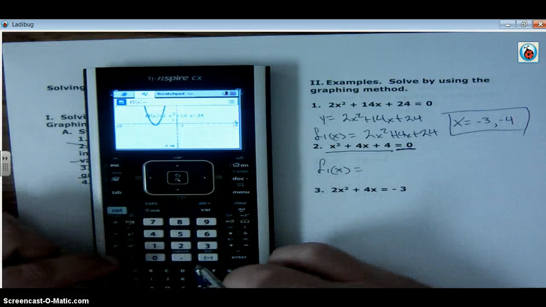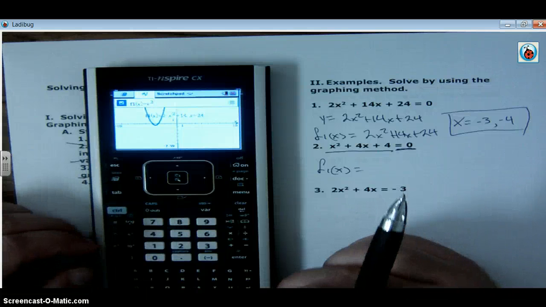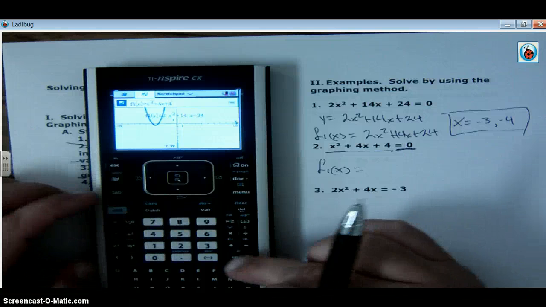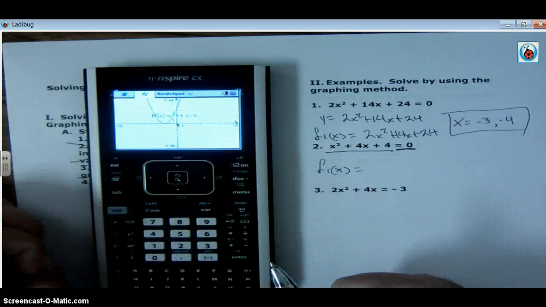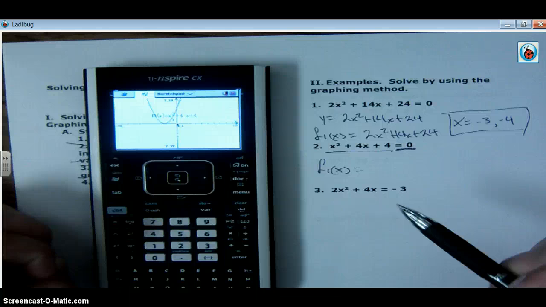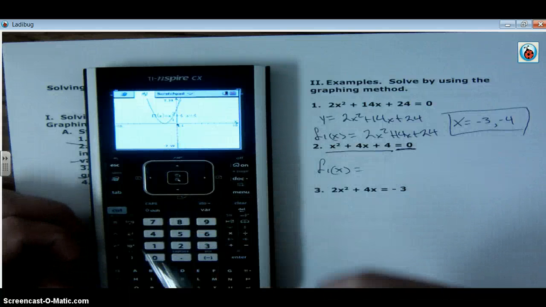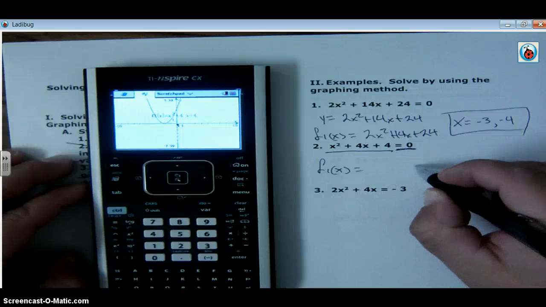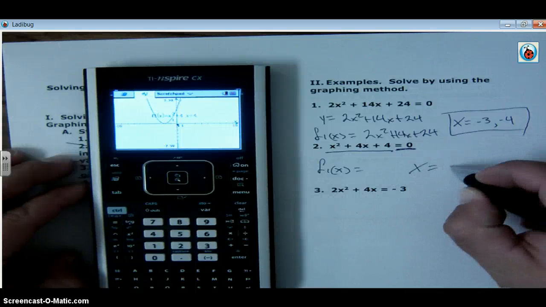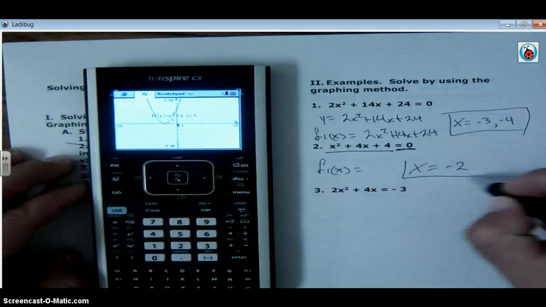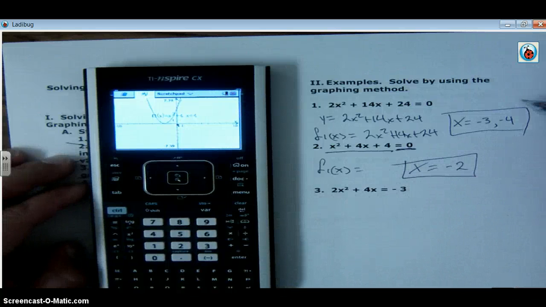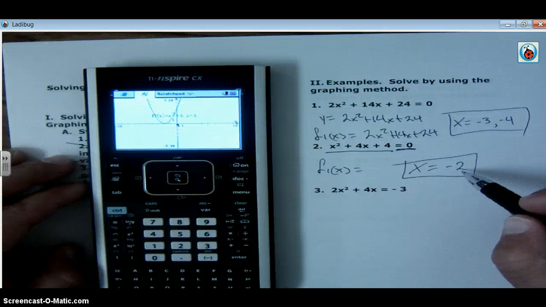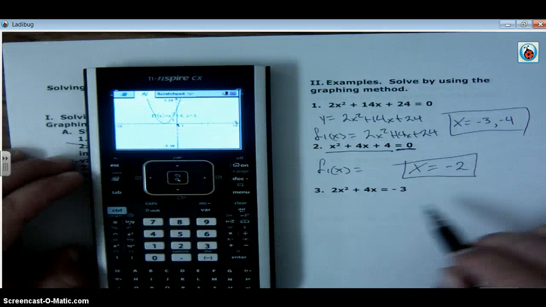Let's do x squared plus 4x plus 4. Hit enter, and now look at that one. That one only touches the x-axis one time, and it's at -2. Alright, so the solution for number 2 is just x equals -2. We could have a possible 2 solutions, or you could have a possible 1 solution. I wonder what's going to happen about this one.